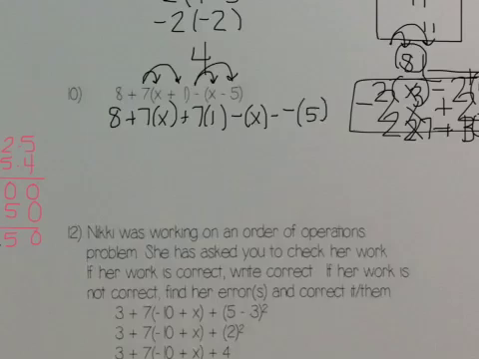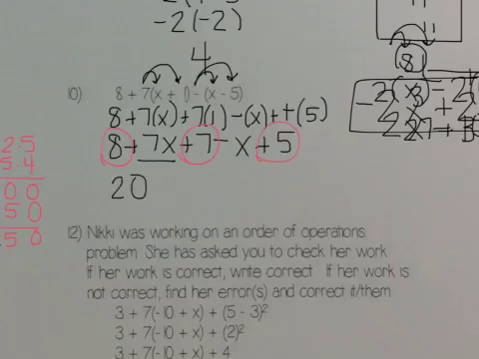Notice, we can combine like terms after we simplify, so it's 8 plus 7x, plus 7 times 1 is 7. Minus x, and minus a negative is going to be plus a positive 5. So we can combine 8 plus 7 plus 5, which is going to give us 20. And then 7x minus x is going to give us a positive 6x.